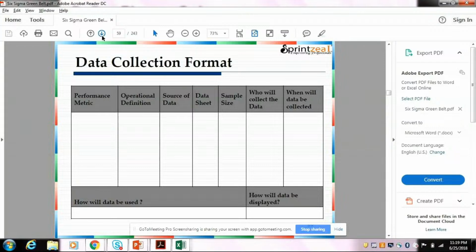So for example, you initiate a project thinking that one of your process steps is a challenge. In the past I was doing an assignment with an organization. It was more on project management. In project management, there is a phase called requirement gathering. That's an initial phase wherein you gather the requirements that the customer has given you, and basis that you formulate your project plan and complete the project.